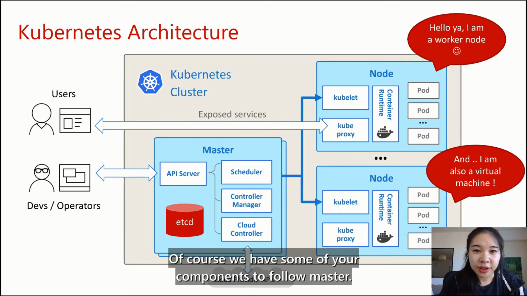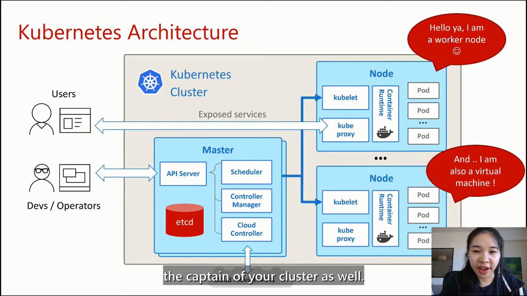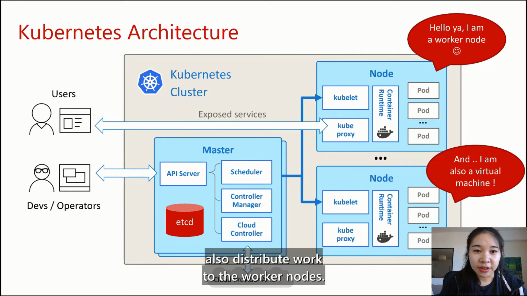The master, of course, has a few components, but in a nutshell, you can see the master as the captain of your cluster. That's where we define the work and also distribute the work to the worker nodes.